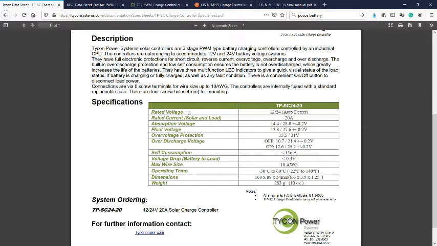And also rated voltage, for example, is 12 volt. So this one is the voltage rating, so it's suitable for the system. So this charge controller can be used for both because it's auto detect, which is you can use for 12 volt or 24 volt.